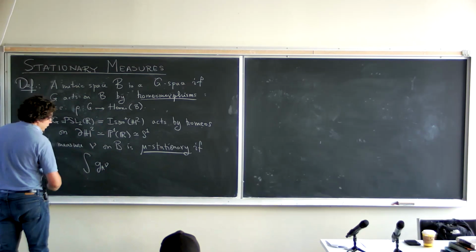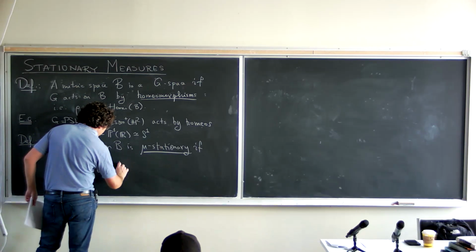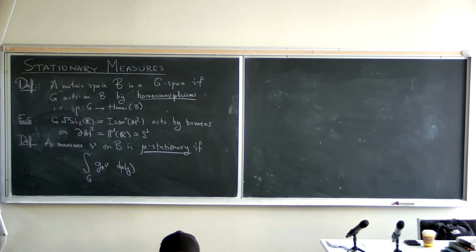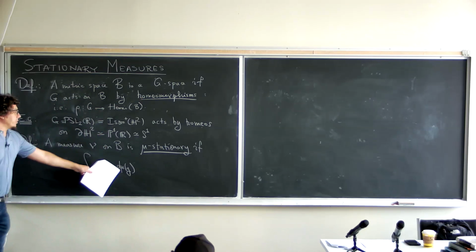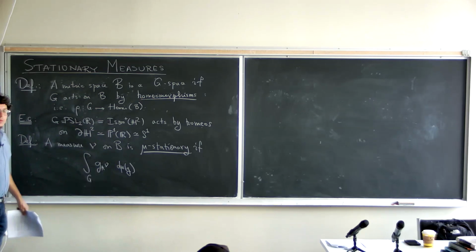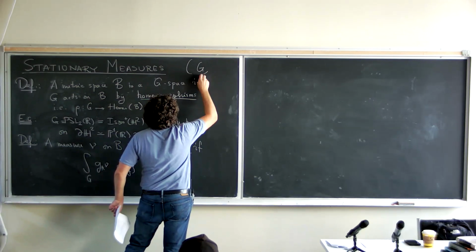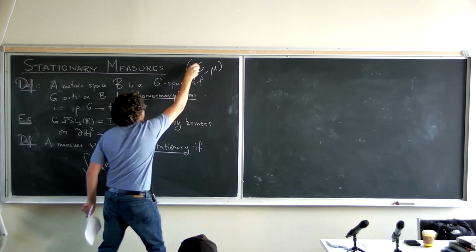So in general, for any measure mu on the group, we take the integral of g star nu with respect to mu, and this is equal to nu. Right, so the datum here is that we start with the group G and a measure on the group.